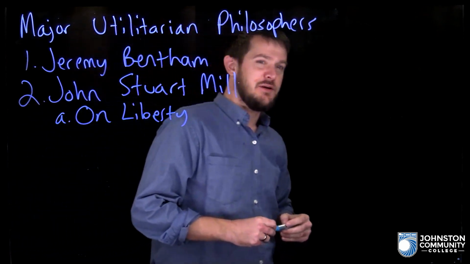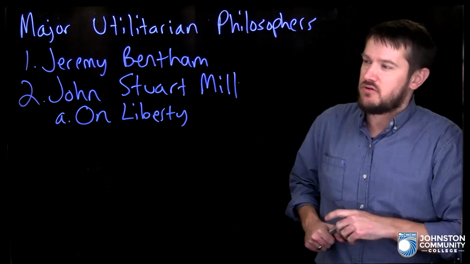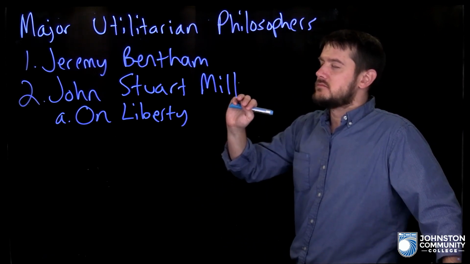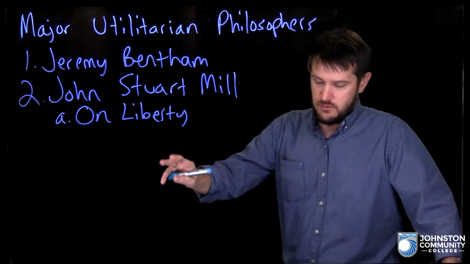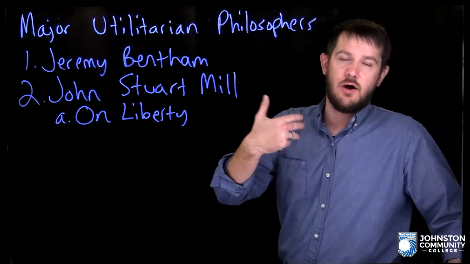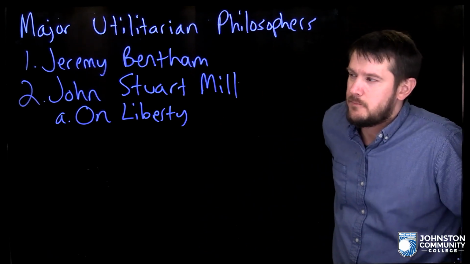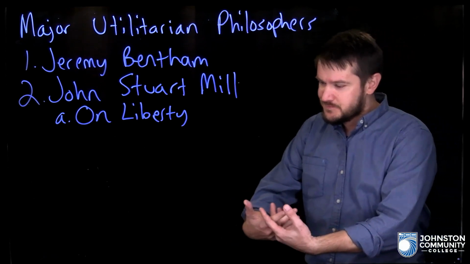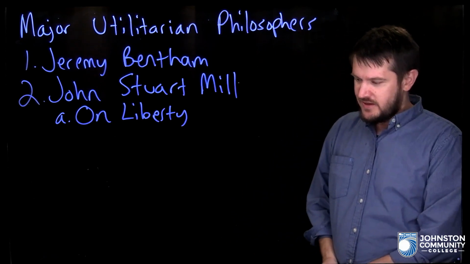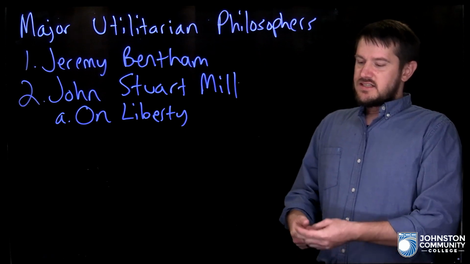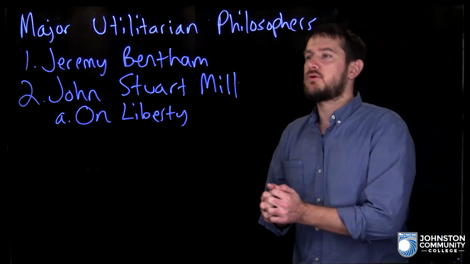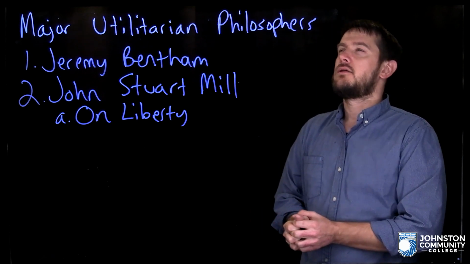If you're interested in freedom of speech, the second chapter of On Liberty has a wonderful defense of freedom of thought and freedom of discussion. Basically what he argues for in chapter 2 of On Liberty, he says censorship is wrong because it prevents the growth of knowledge.